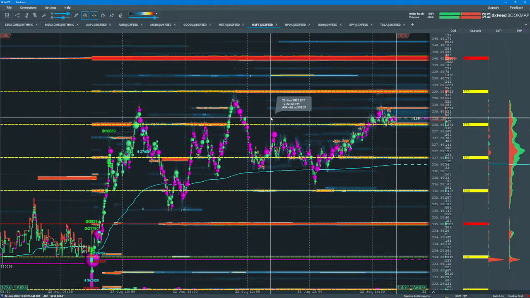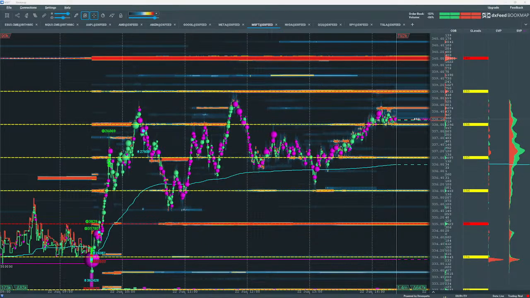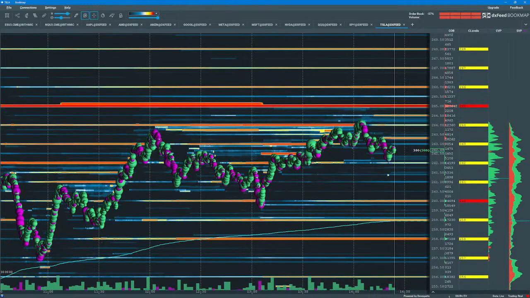Pretty sharp move this morning up to the 338 level, and then price gradually moving higher, making higher lows as price tries to get up to the 340 call wall. All right, Truman wants to look at Tesla. So we'll take a look at Tesla, and let's go to Hero.